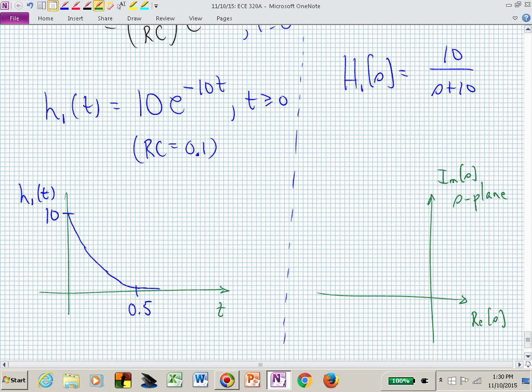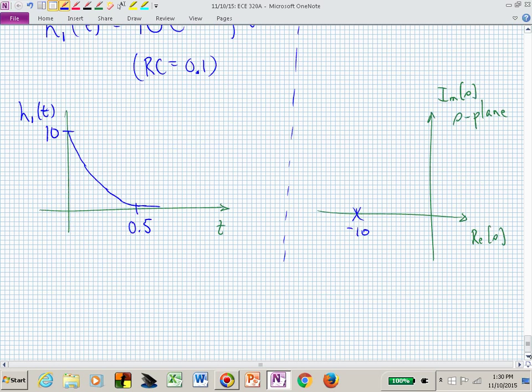Do we have any finite zeros? No. How many poles do we have? One, and where is it? That's the pole zero diagram that produces that impulse response.